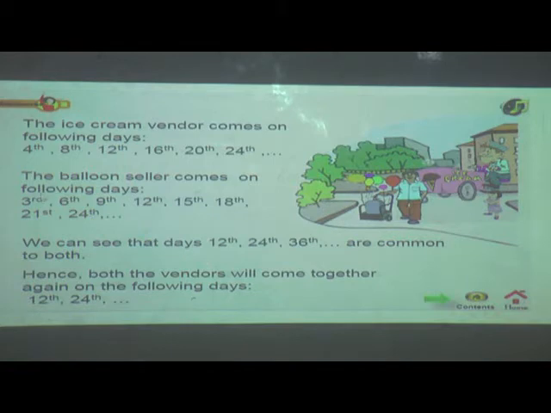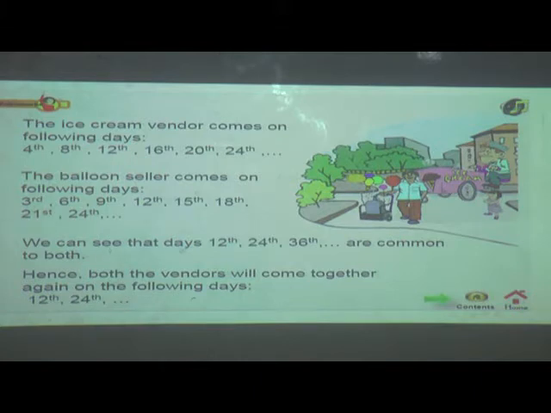So the multiples of 3 are 3rd day, 6th day, 9th day, 12th day, 15th day, 18th day, 21st and 24th day. These are the multiples of 4, and the balloon seller comes on every 3rd day, so these are the multiples of 3.